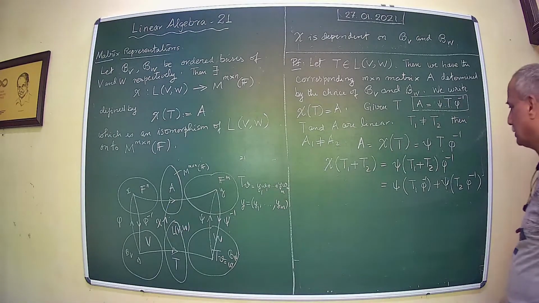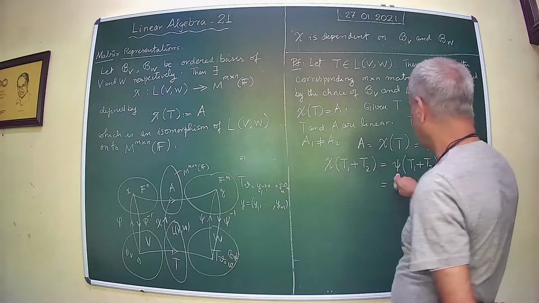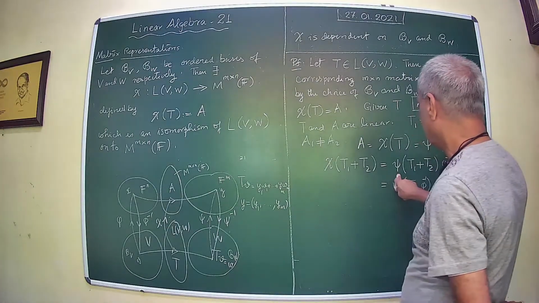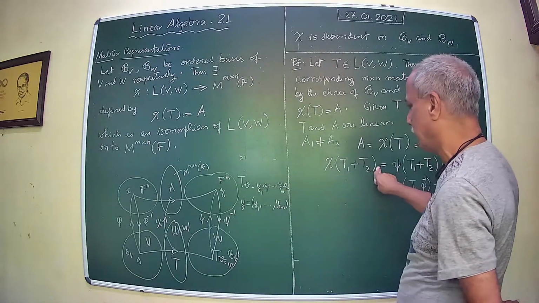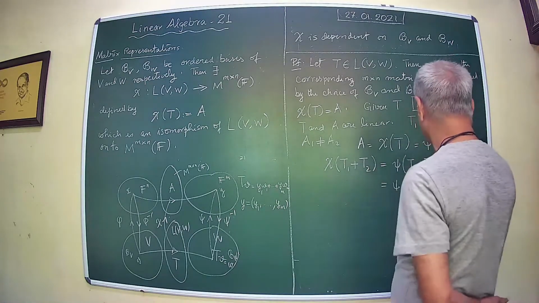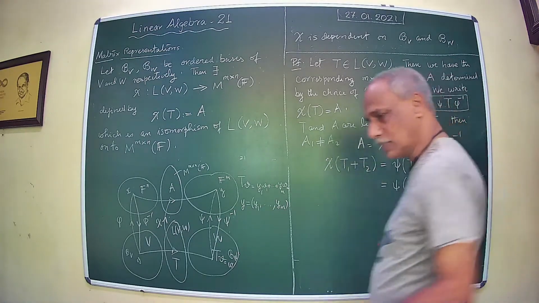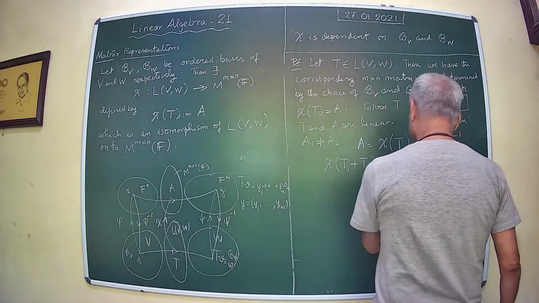That is because psi is an isomorphism. Therefore, you see that if you start with any v here, then this is going to be so. Or more explicitly, one should write like this.